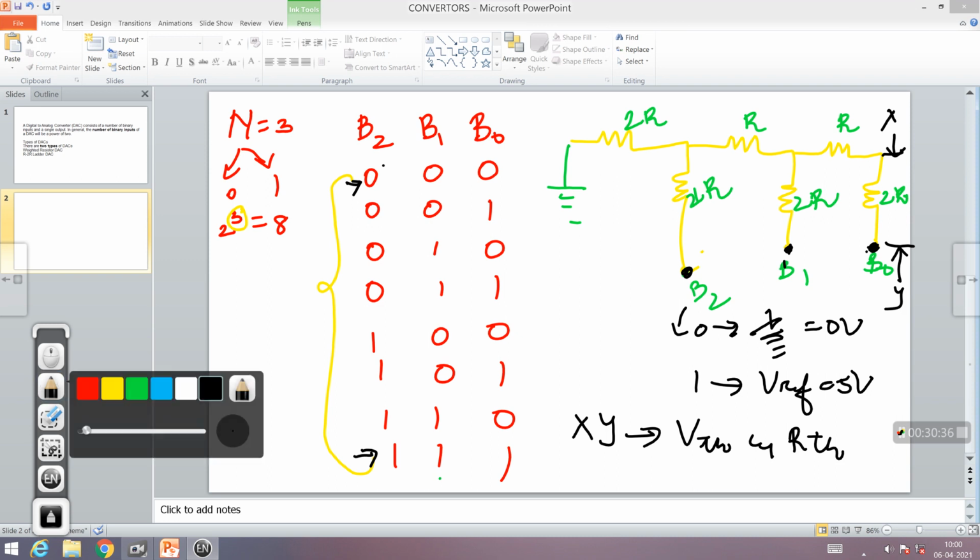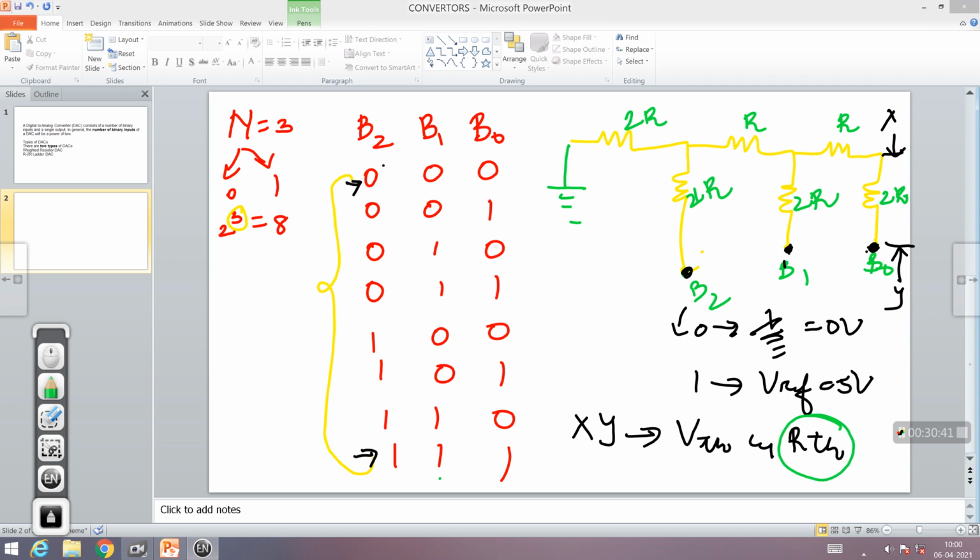One thing that I will make clear to you all is, this RTH will always be R, irrespective of the 8 inputs that you are giving. That's the effect of this entire network experienced at points X and Y, it will always be R. That is the same as what I have explained in the video from 0 to 5 minutes. That's why I took the time.